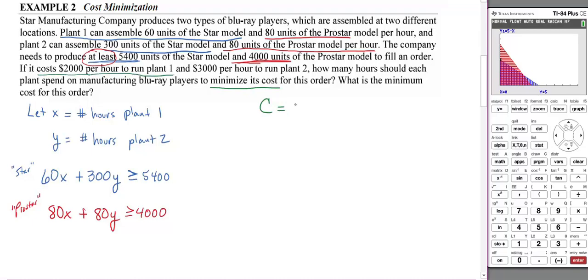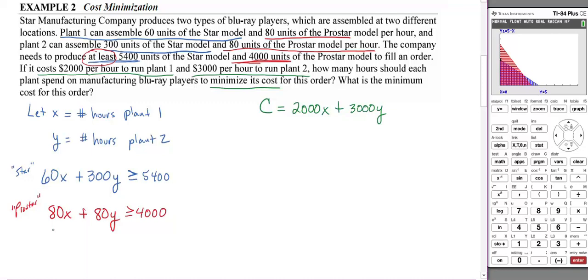So that would be 2,000 times however many hours they operate. That would be the cost for running plant 1. And $3,000 per hour to run plant 2. So that would be 3,000 times however many hours plant 2 operates.